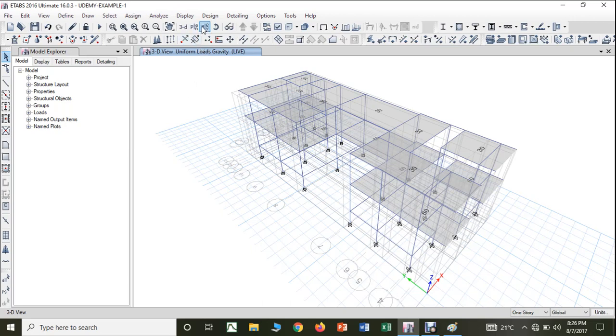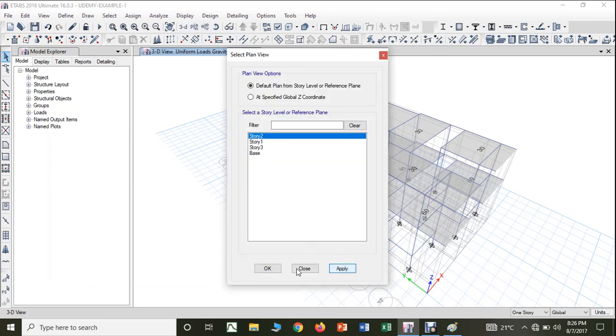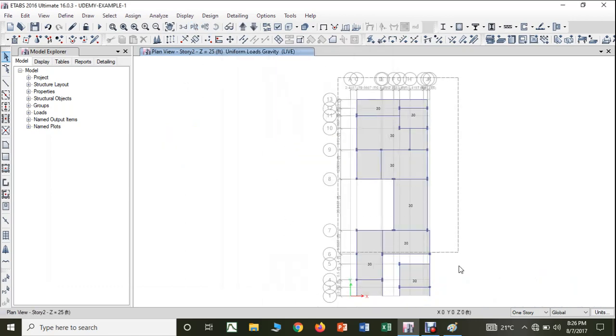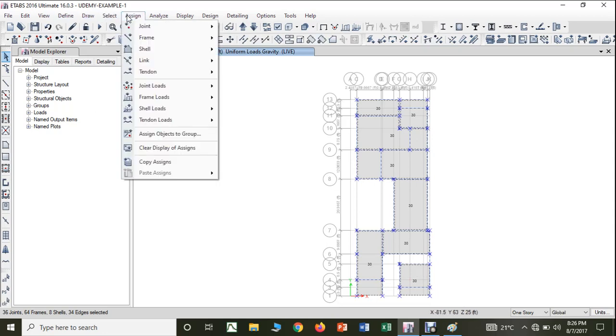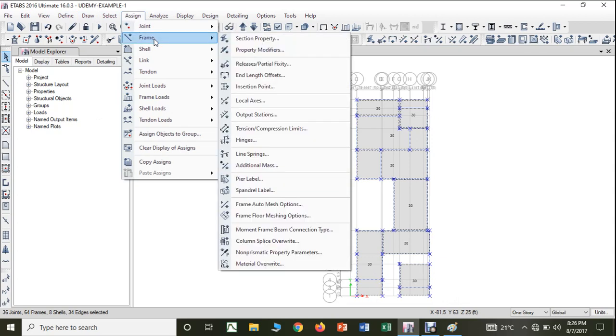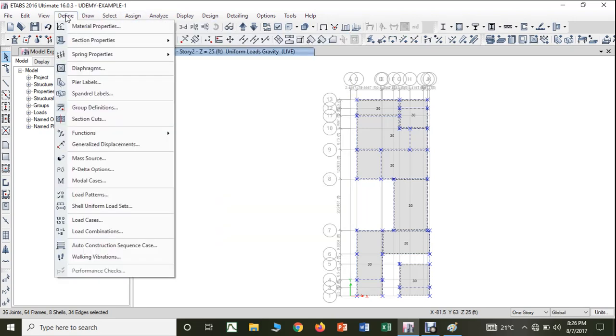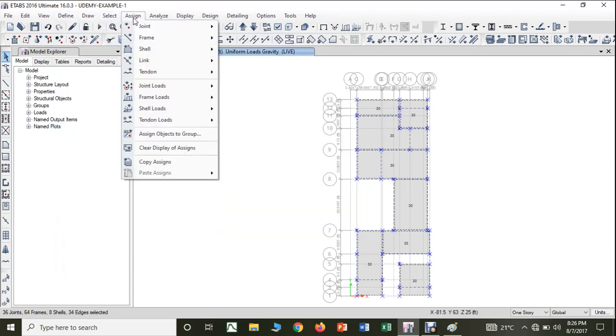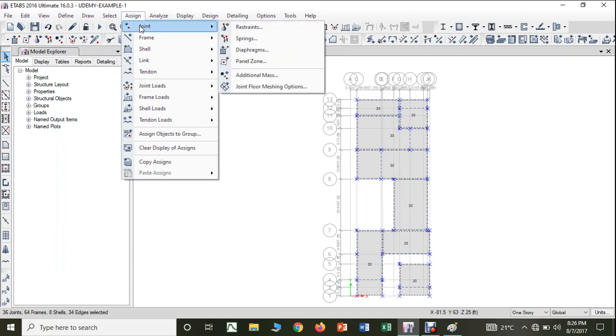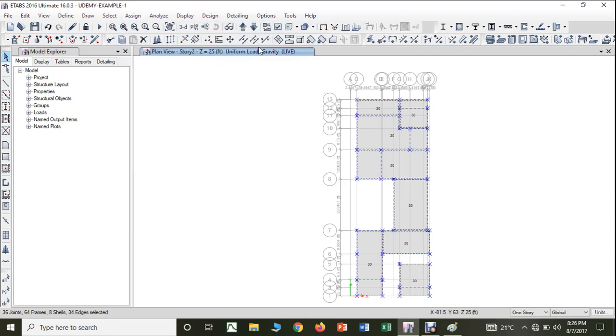You can see here, you can keep it in plan. Okay, apply. So select the entire structure, right. Then go to assign, go to joint, in the joint go to diaphragm.